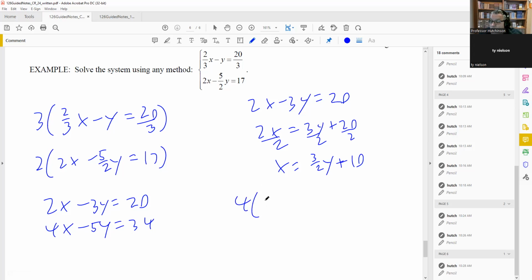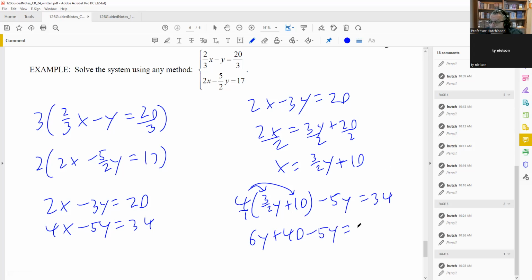So 4 times 3/2 y plus 10 minus 5y equals 34. We're multiplying this by 4, so we're going to do that to each thing. Remember, this is a 4/1. So you get 12/2, which is 6y. 4 times 10 is 40.